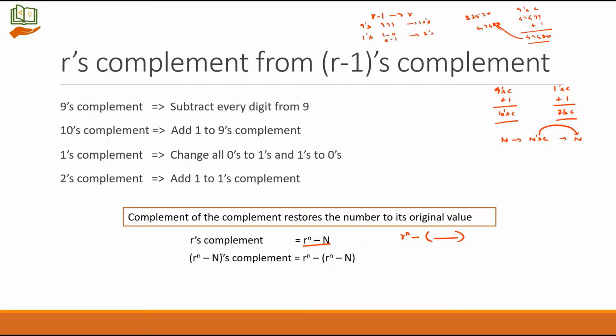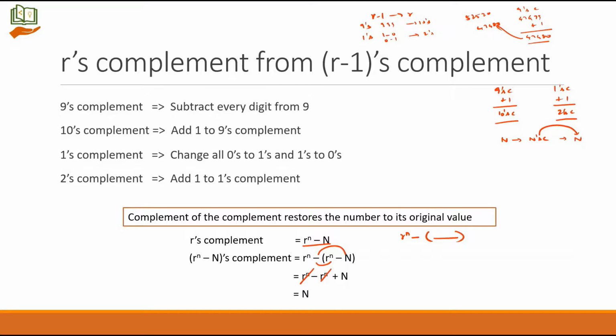So r power n minus n's complement will be r power n minus (r power n minus n). Just apply the minus inside. This will be minus r power n and this will be plus n. Now r power n gets cancelled and we have n. So the complement of the complement will restore the number to its original value.